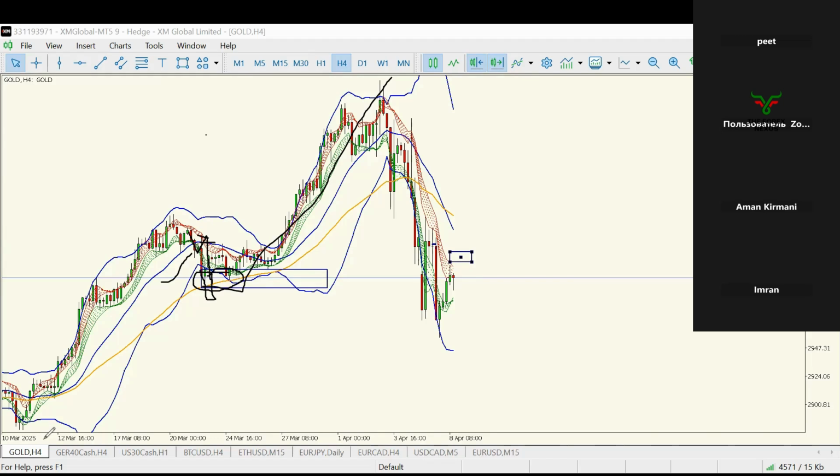Can you repeat your question again? Sorry, I was drinking water. Yeah, I mean, when do we stop looking for a nuclear setup? Example, in this sell here, if we touch low BB but not yet touch EMA 50, can we still look for a sell?